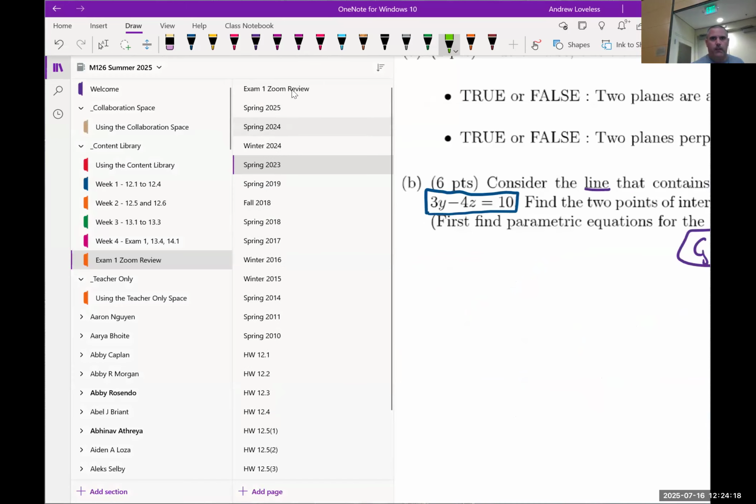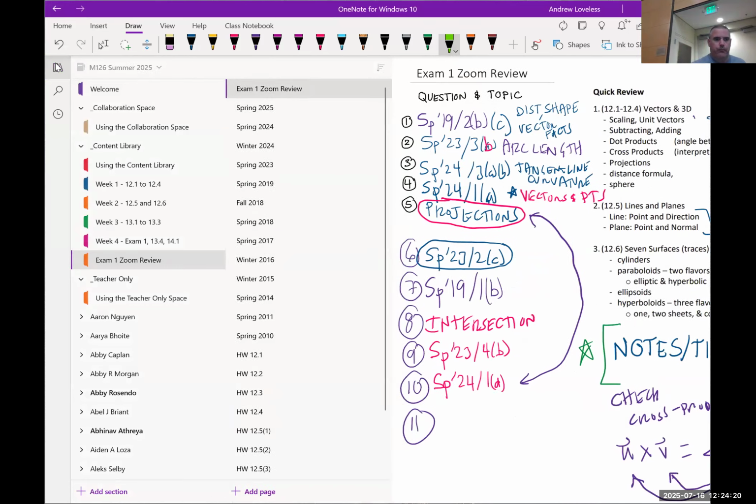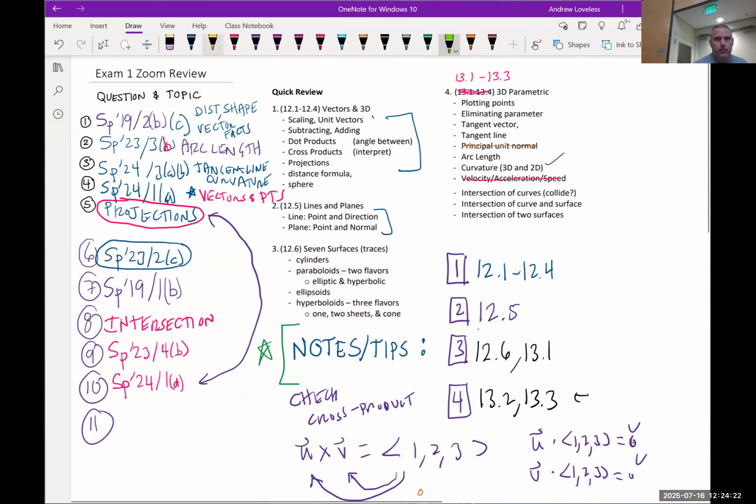Let's see where we're at here. So that was projections, and this was lines and planes. And Raj asked about intersections. Is the person who has spring 19 still here? Yeah. Let's look at that.